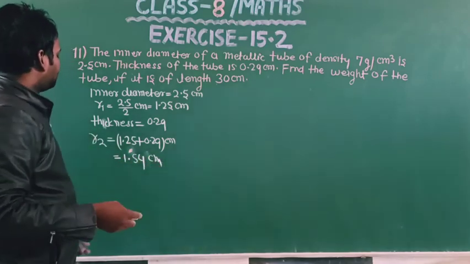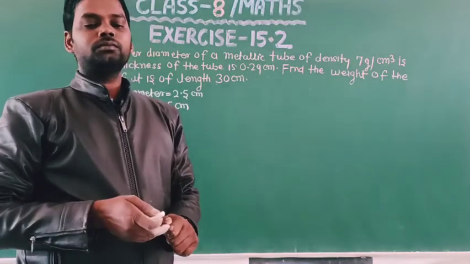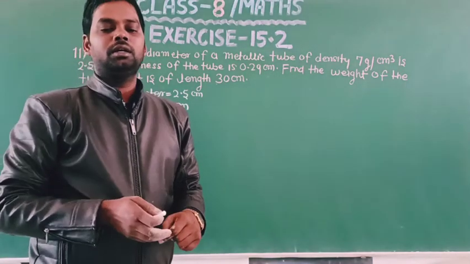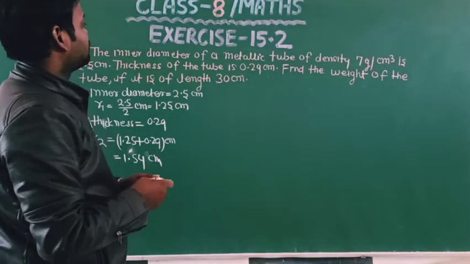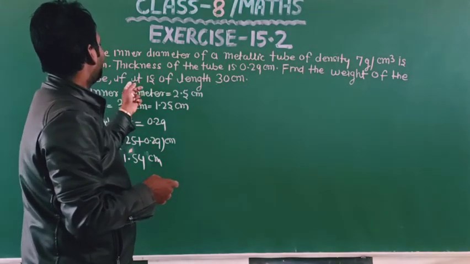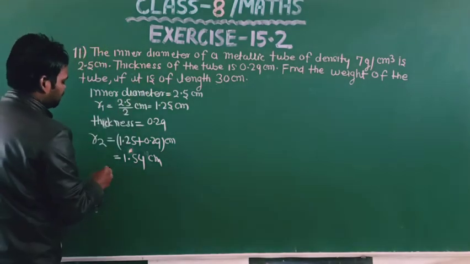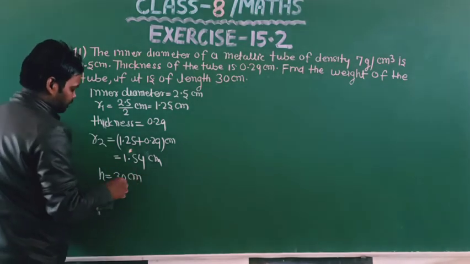Outer radius equal to 1.54 centimeter. So we have to find the weight of the tube and its length is 30 centimeter, means h is given as 30 centimeter.